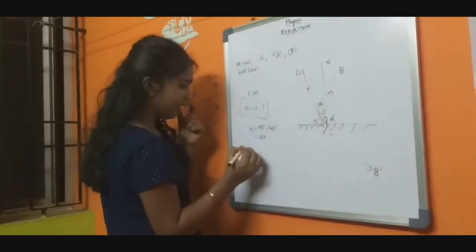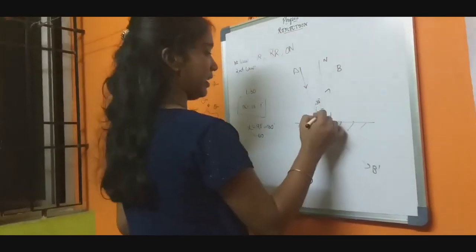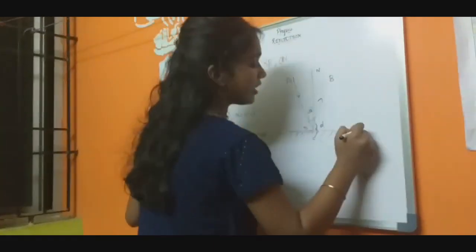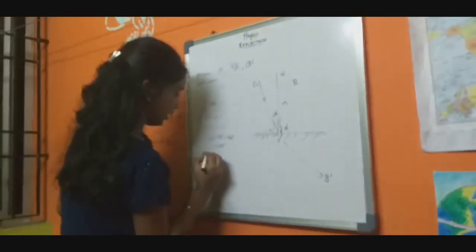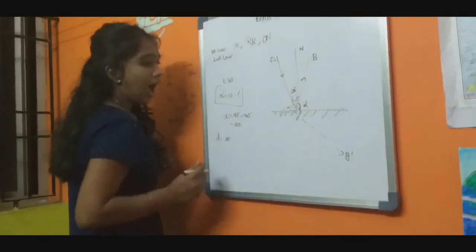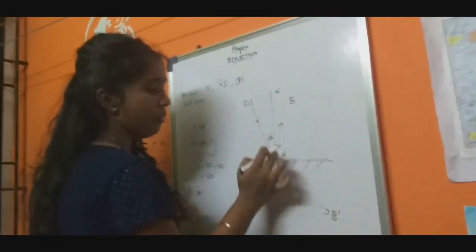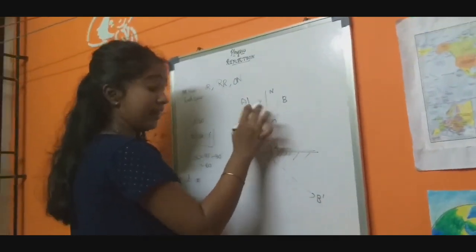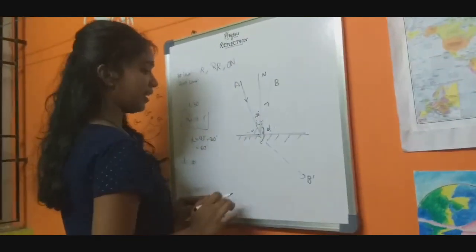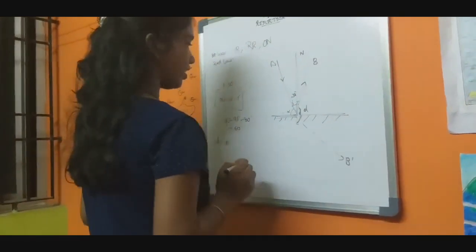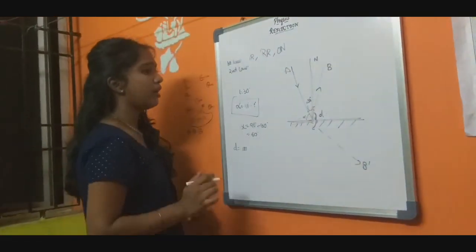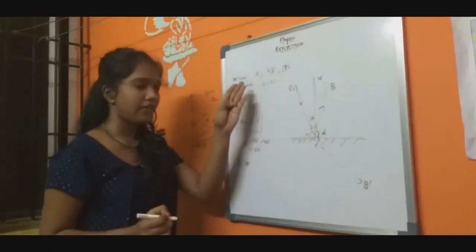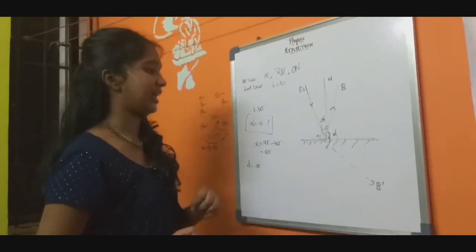Then deviation. Here this is a straight angle, so that is equal to 180 degrees. And two angles are formed. If we subtract these two angles, we get the angle of deviation. Our second law says the angle of incidence is equal to the angle of reflection.